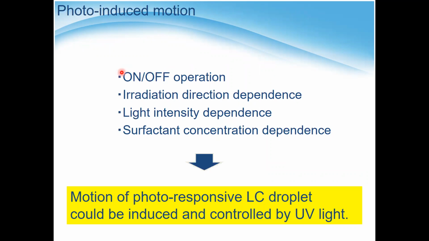So based on these results, we could observe on-off dependence, irradiation direction dependence, light intensity dependence, and concentration dependence. This motion of the photoresponsive LC droplet could be induced and also controlled by UV light.